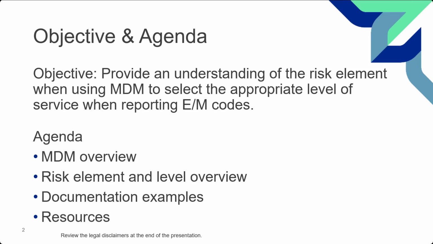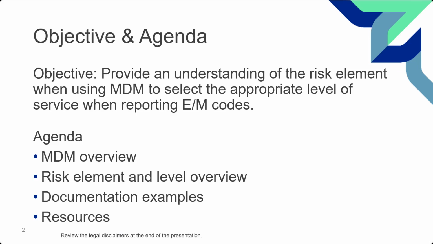So how are we going to help you better understand risk? Our focus today is going to be a little bit of a medical decision-making overview, again, making sure we're level set. We are going to talk about the risk element and the level overview. We're going to go through some of those pre-submitted questions that we received as they relate to those elements and those levels. One of the questions that we received multiple times was seeing documentation of things.